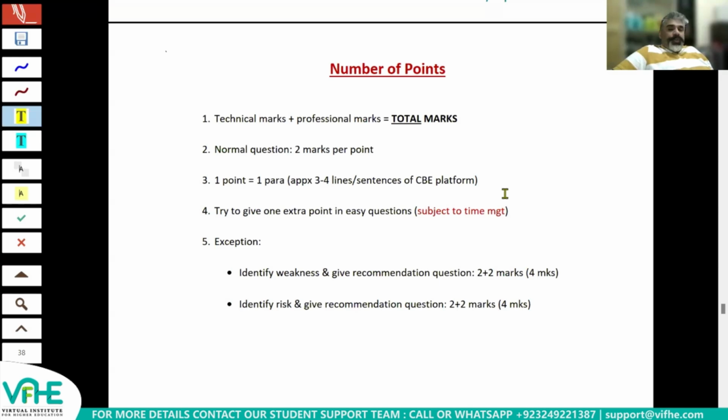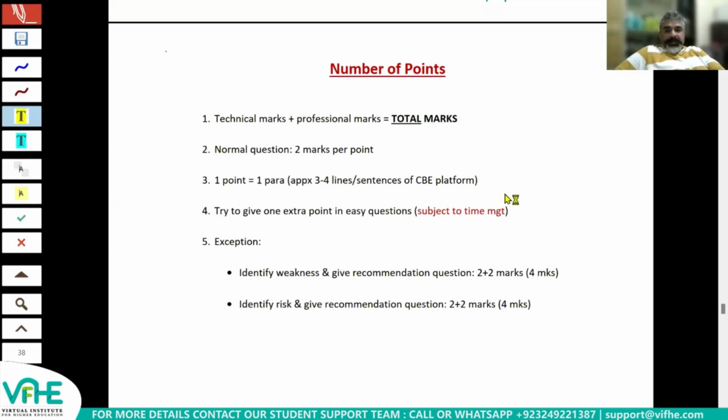So 7 to 8. You can't give 7.5, so minimum 7, maximum 8. Understood, guys? This is very important. Total marks divided by 2.